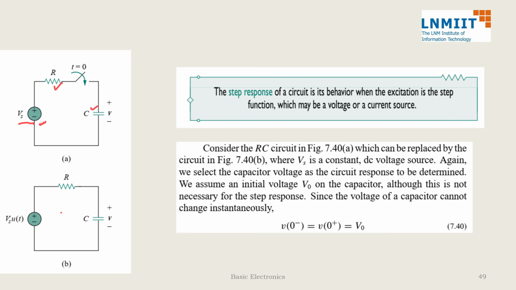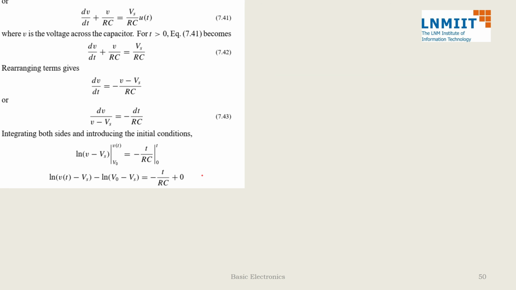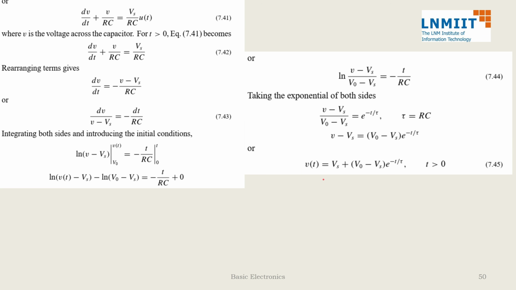So if I have a circuit like this, we can again write the KVL equation, and the KVL equation is this, and then we go ahead with our derivation, and finally we ended up at this. You can go through the derivation step, which is very easy, but let us focus on the outcome.